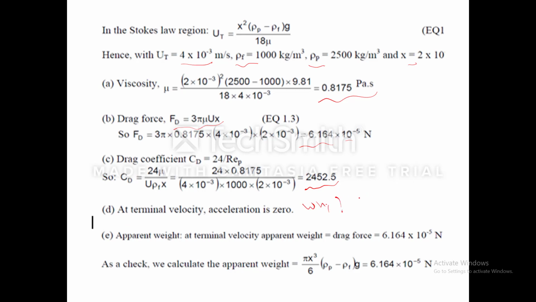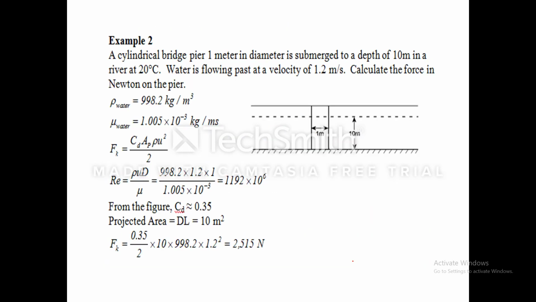It is obvious: we have constant velocity, since m times du over dt, and this is 0, so the acceleration is 0. Apparent weight at terminal velocity equals the drag force, equal to 6.164 times 10 to the minus 5 Newton. As a check, we calculate the apparent weight, pi x cubed over 6 times (rho p minus rho f) times g, so we get the same answer.